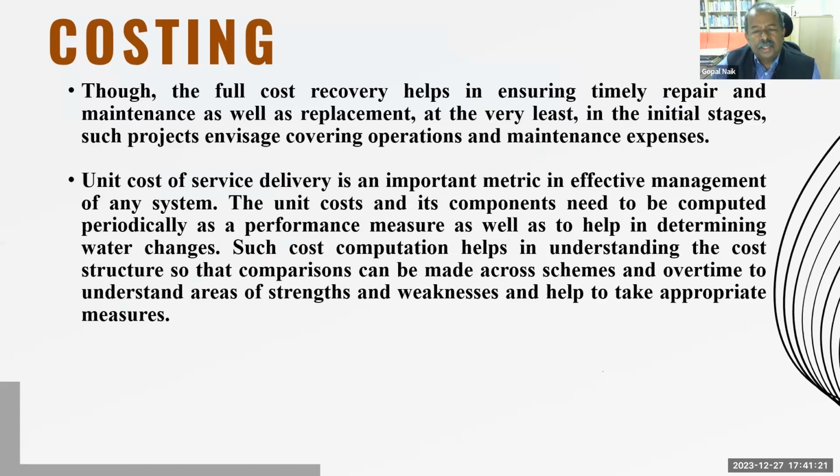Sometimes you might see that, naturally there may be high cost. For example, very hilly terrains, and the houses are sparsely located. And in such cases, you might find that the capital cost may be high.